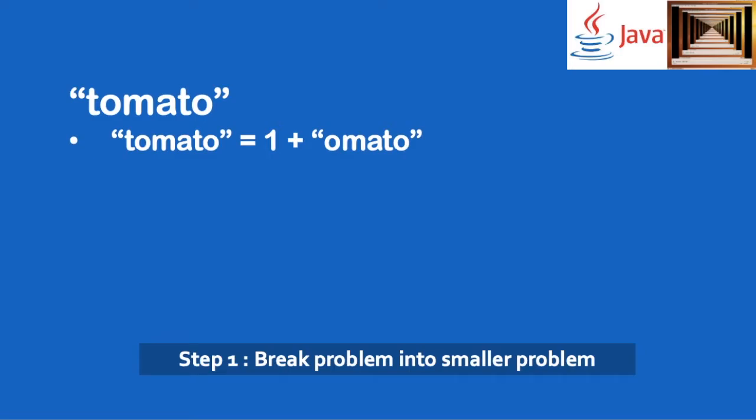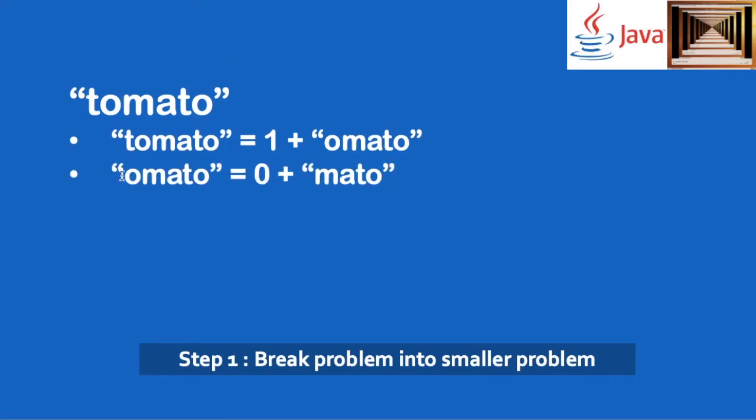So let's say our string is tomato. So now if our string is tomato, we can say the number of t in tomato is equal to 1 plus the number of t's in omato. So we have taken the first character of tomato and we know the number of t's in it. In this case it is 1 plus the number of t's in omato.